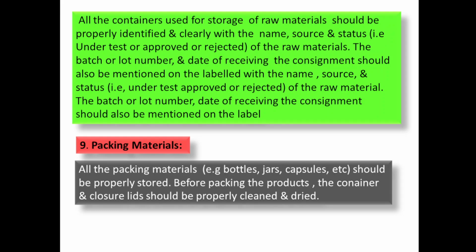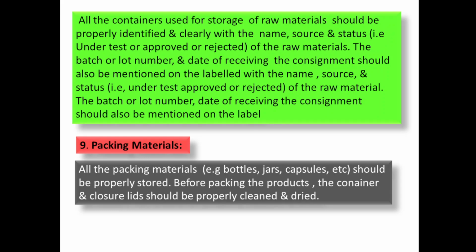For that reason, the raw material should be properly identified with its name, its species, its source, that is the biological source, and its status: whether that herbal raw material is approved after all the tests for its evaluation and can be used for further formulation, or it is a rejected raw material. That complete information should be there on the container of the herbal raw material.